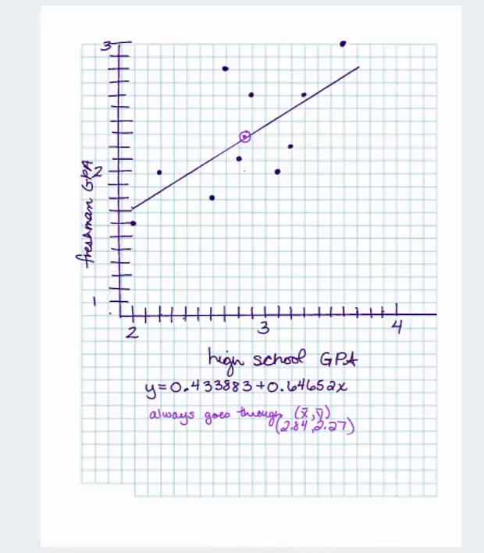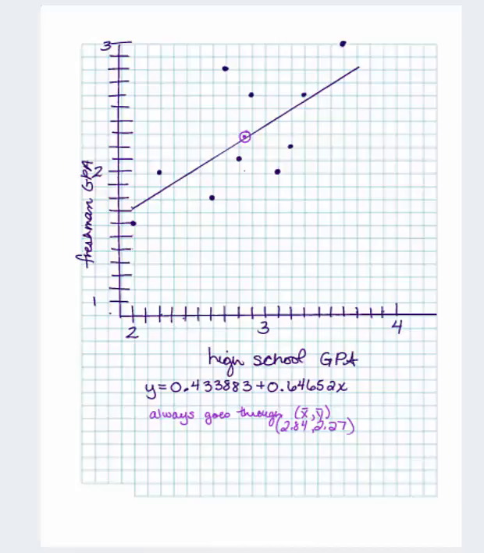Okay, so I have a real good estimate of where the regression line should be on there. And it definitely goes right through my point x bar, y bar, so the average of x and the average of y. And there's a few things that we're going to calculate with this information.